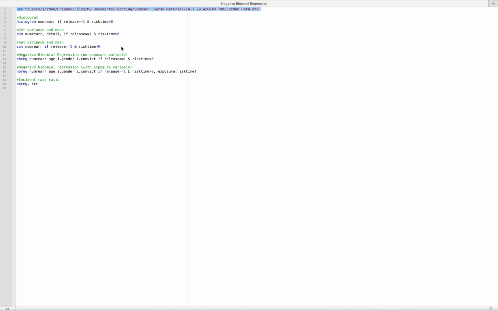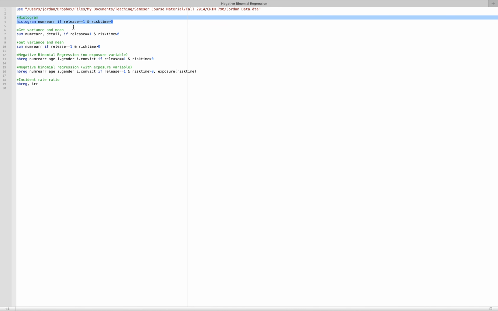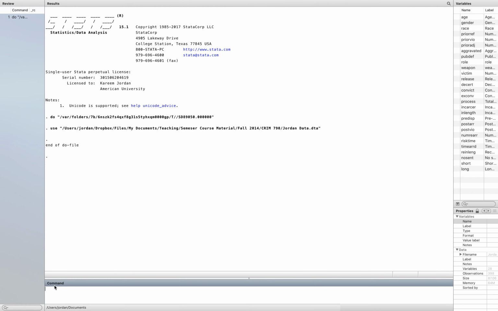So let's take a look at it. First, we're going to do a histogram. Now, let me explain what this syntax is, because it's a little different from what we've been doing in this class.